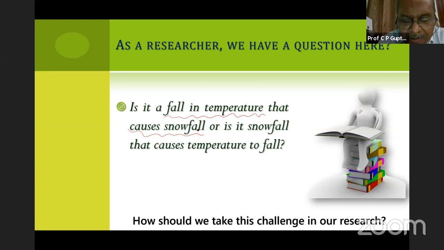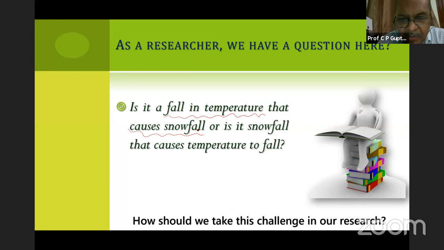Don't you believe that? Reduction in the daily temperature may be the result of snowfall on the hills. So in that case, you may also say that snowfall may lead to a fall in temperature. So what is the right cause and effect?